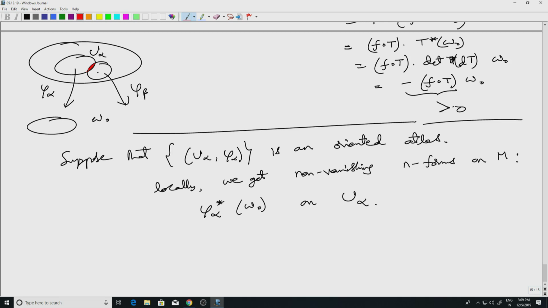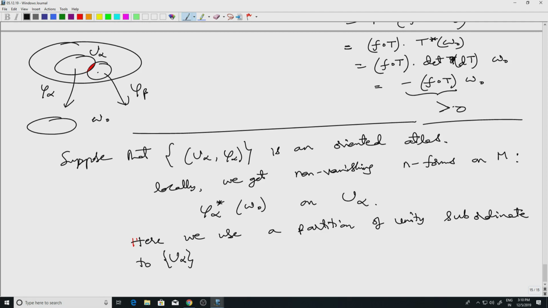Namely, this thing called a partition of unity subordinate to the open cover U alpha.